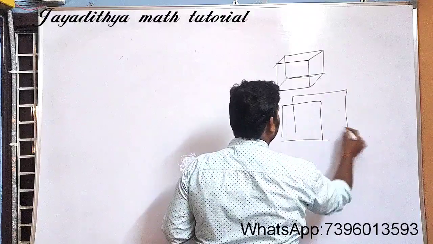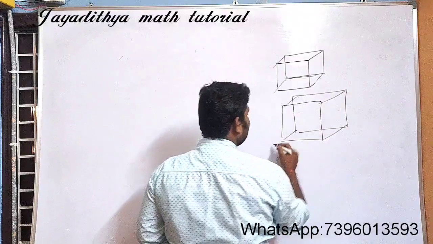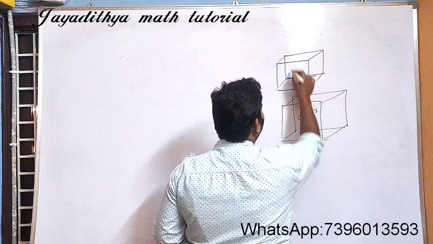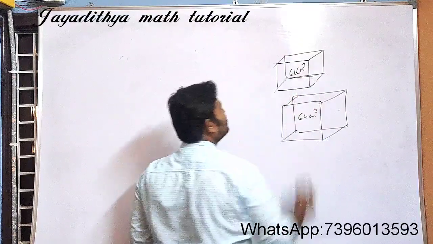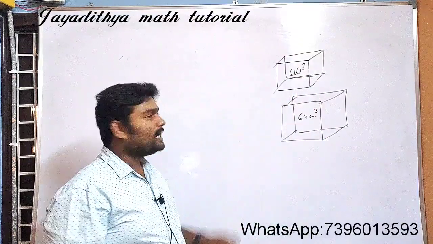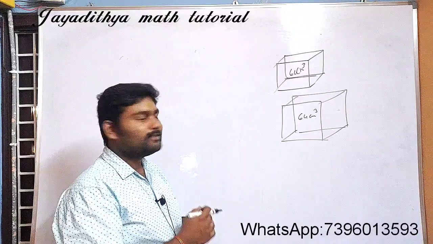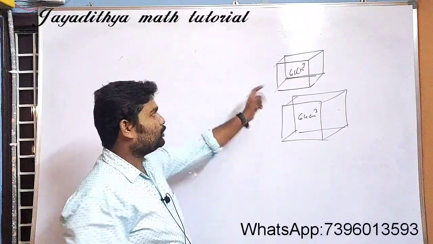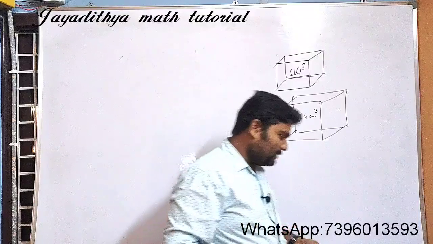There are two cubes, each of volume how much, Nana? 64 centimeters cube. Here also 64 centimeters cube. And he is telling that these two cubes are arranged side by side, it seems. Two cubes are arranged side by side.